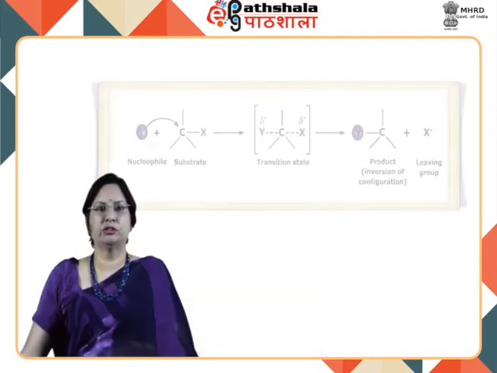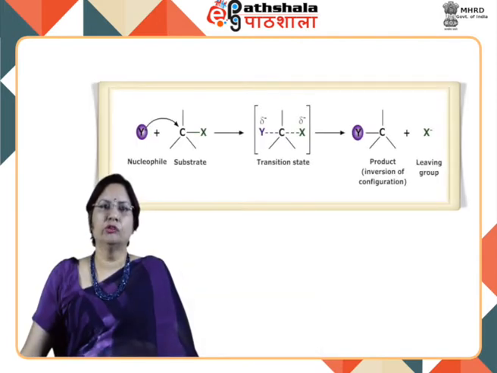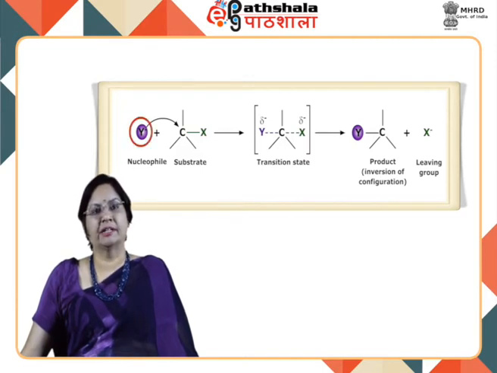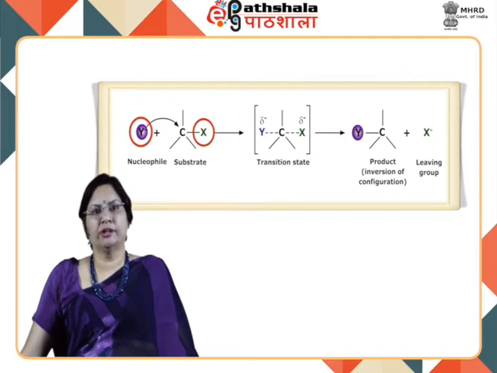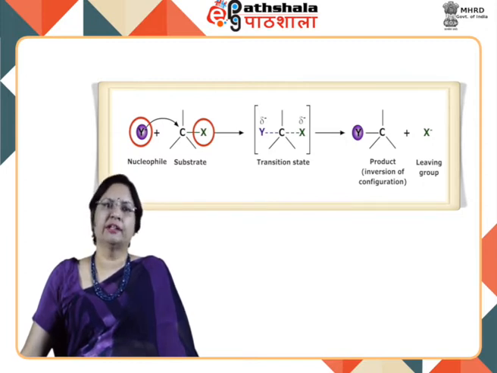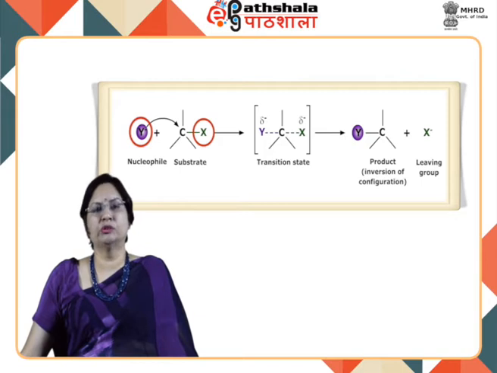Now, you can see here in this mechanism as shown, the nucleophile attacks from the back side. And why does the back side attack happen? Because there will be repulsion between this negatively charged nucleophile and also the X, which is also electron rich. So, rather it prefers to attack from the opposite side of that of X, and another thing is there is less steric hindrance on this side.